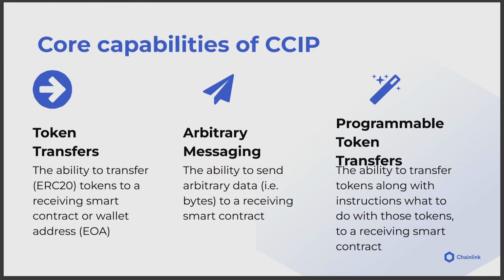But you can also send any kind of message. A message can be a hello world, but a message can also be you calling some function in a smart contract that exists on another blockchain. Imagine that you can mint an NFT on another blockchain.